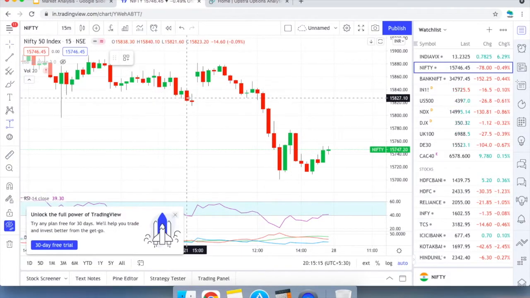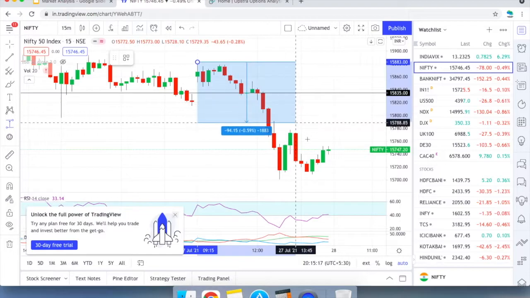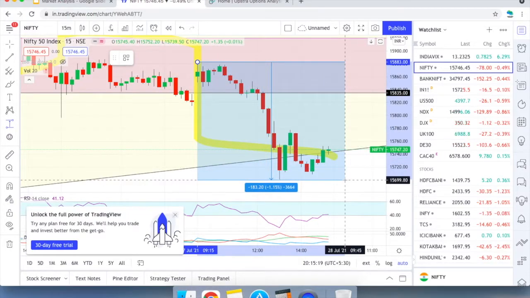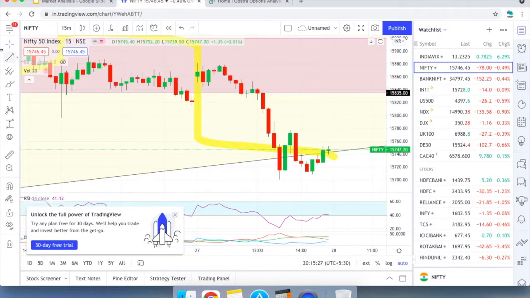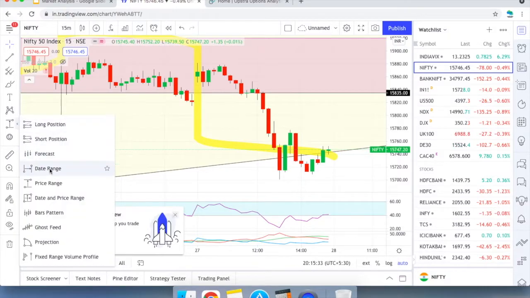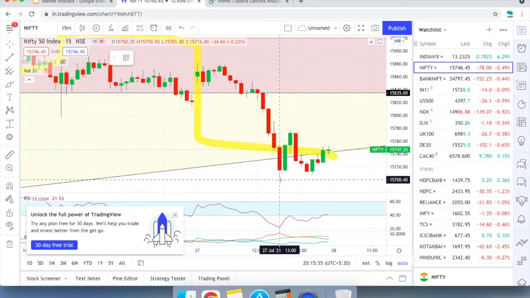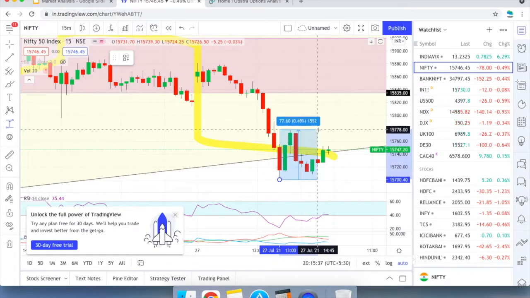If you look at the fall from the high, a total fall of around 180 points actually happened, and there was hardly any recovery effort, only 70 points.